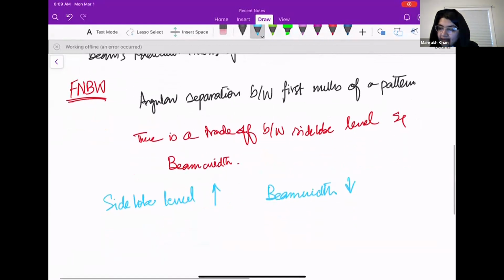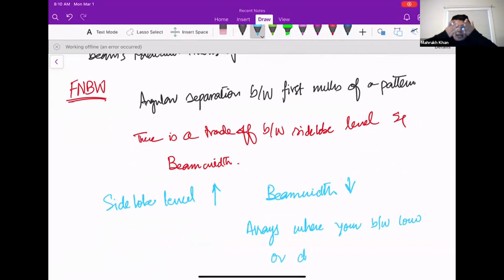It means that for arrays where your beam width is low, where you want a directive pattern, a more narrow beam, your side lobe level will also be greater. It's not for the wide beam, but for the narrow beam, like in mobile communications, where if you want narrow beams, then you should expect high side lobe levels.